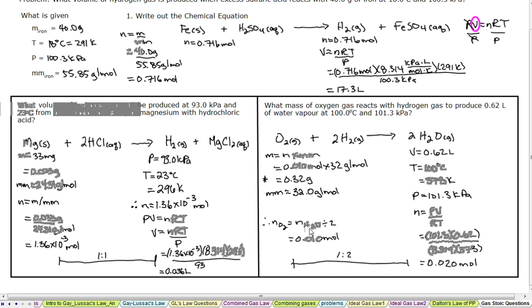So we do that number of moles, we find our molar mass, and then we find our mass by taking our number of moles, multiplying it by molar mass, and we get 0.32 grams. So that's how much oxygen would need to react with the hydrogen gas to produce that much water vapor.